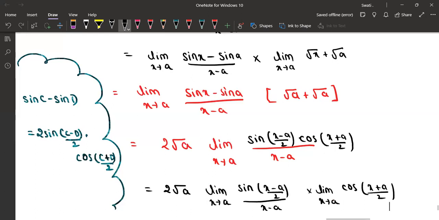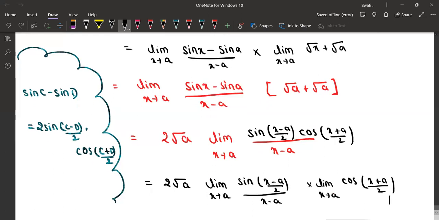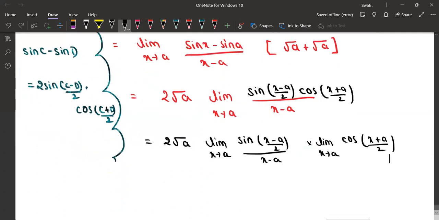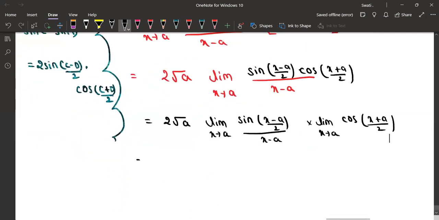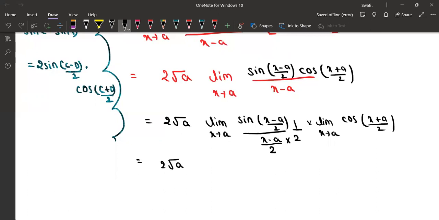Now we can simplify this further. This is 2 root a as it is. Here I'm going to divide by 2, and if I'm doing so, I'm going to multiply by 2 as well, so it is actually 1 by 2. Now this 2 and this 2 get cancelled, so it is just root a.